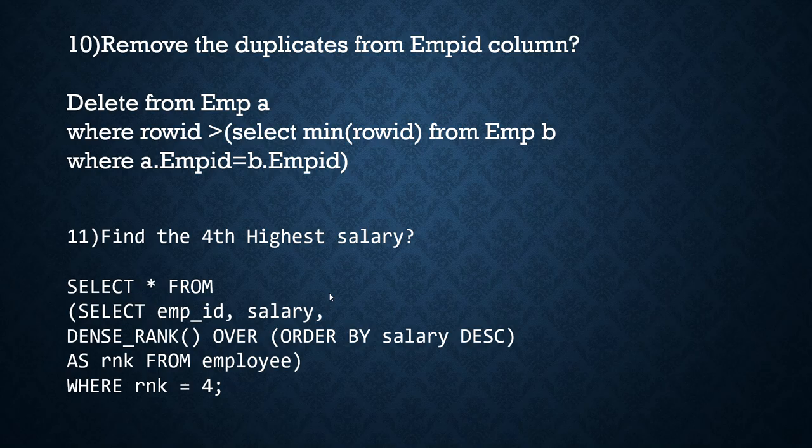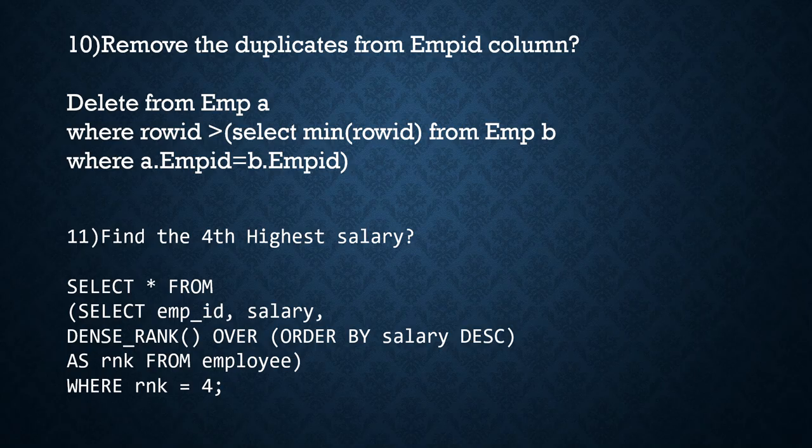Next question, find the fourth highest salary. This is the most commonly asked question in interviews. This is the query: select star from, select EMP ID, comma salary, comma dense_rank. Here we are using the window function dense_rank. We are using dense_rank because it does not skip the next rank whenever duplicates occur.